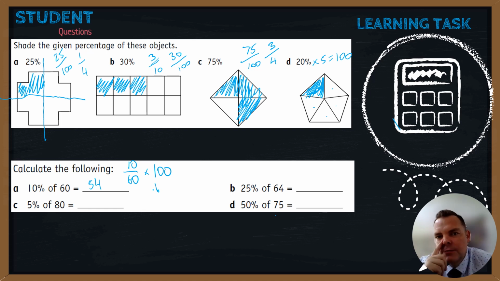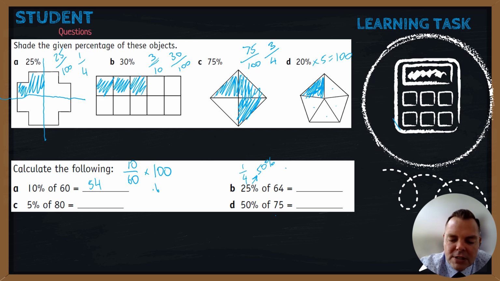25% of 64. Well, I know that if I add 25 plus 25, it's 50. Okay, so I'm going to do that. I could either divide 64 by 4 because I know that 25% is the same as saying 1/4, or I can double my 25%. So what is 50%? What is half of 64?